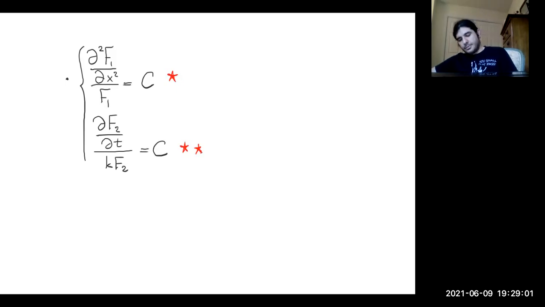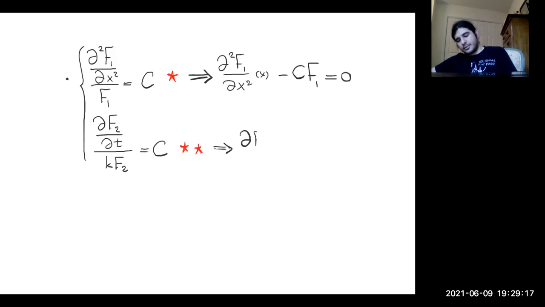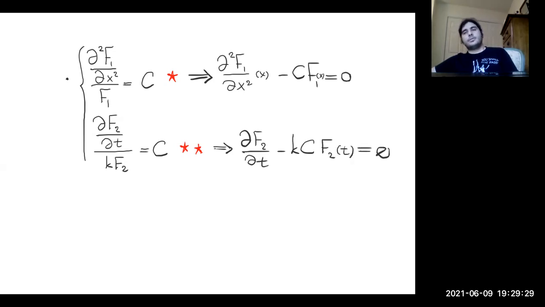So the first equation tells us the second derivative of f1 with respect to x minus c times f1 is equal to 0. And the second equation tells us the derivative of f2 with respect to t minus k c f2, which is also a function of t, is also equal to 0. These are the two equations we have, right?